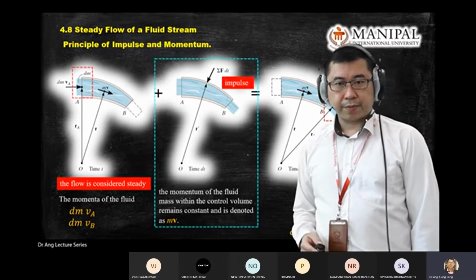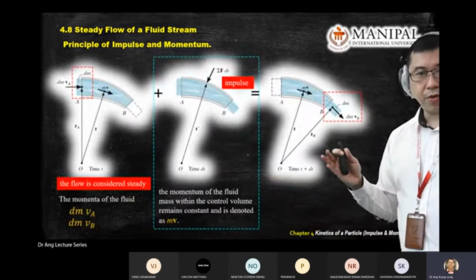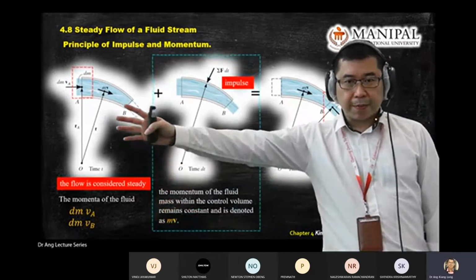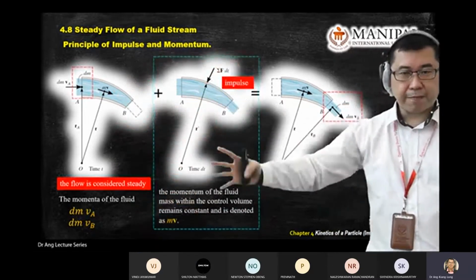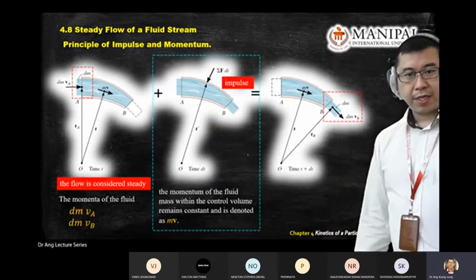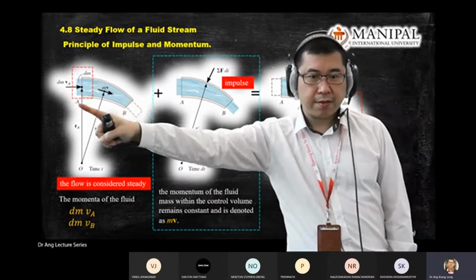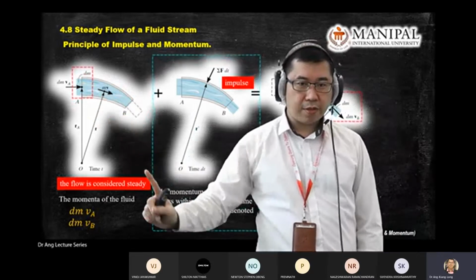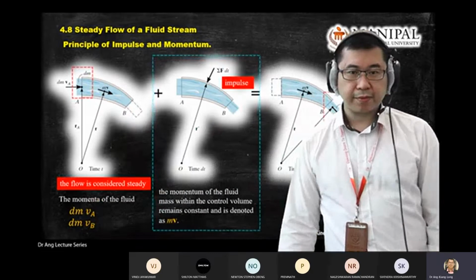So this one is basically what you learned before, but applied more to fluid mechanics. This one is momentum before plus impulse before equal to momentum after. So the equation is focusing on this section. Momentum before is mv.